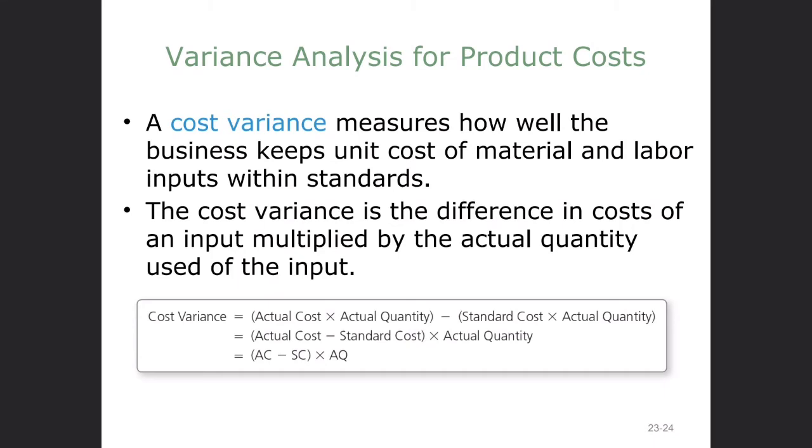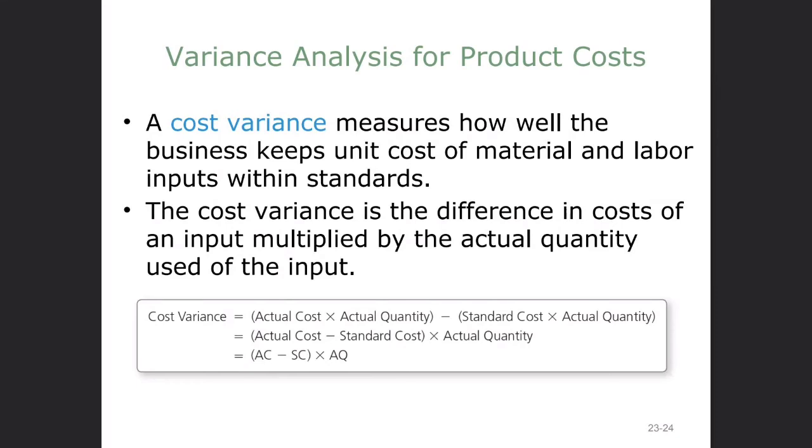A cost variance measures how well the business keeps unit cost of material and labor inputs within standards. The cost variance is the difference in cost of an input multiplied by the actual quantity used of the input. So our cost variance equals actual cost times actual quantity minus the standard cost times actual quantity.